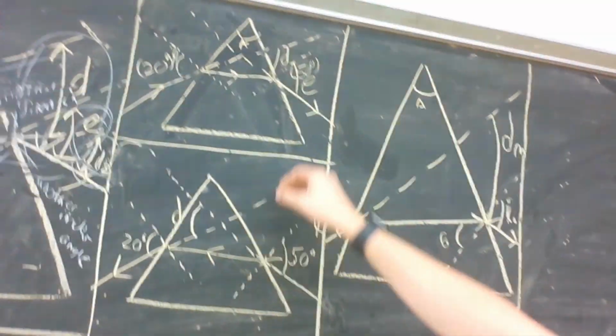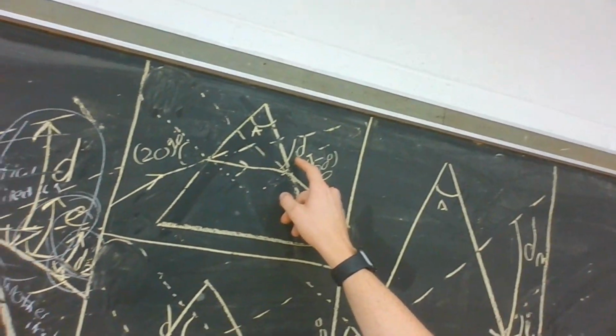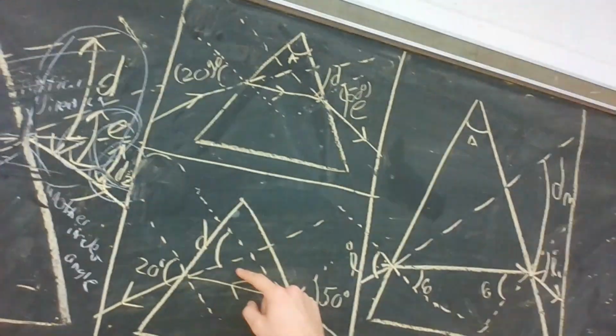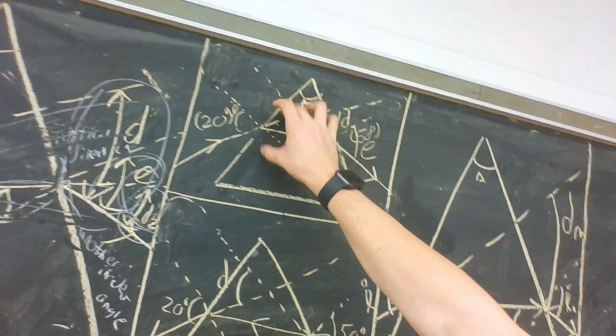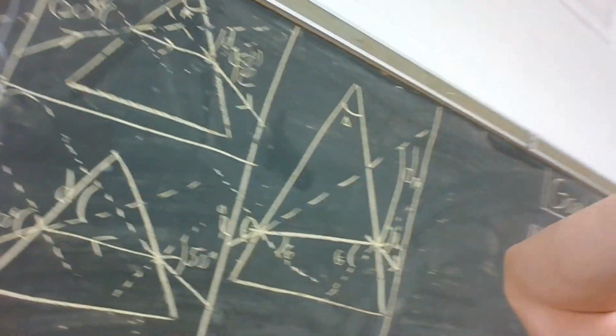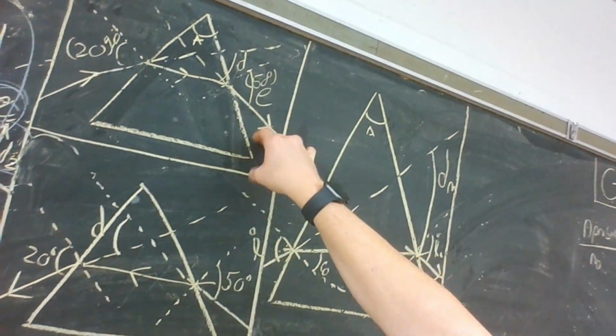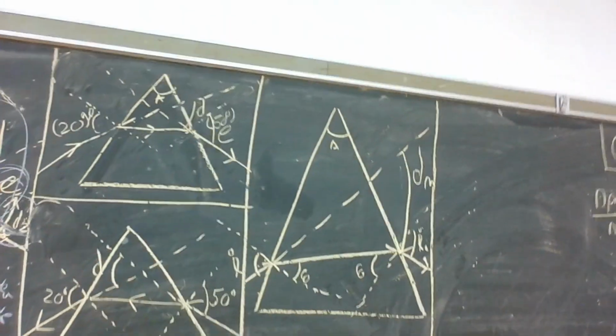As you see, this angle right here and this angle right here are just two separate sides of the same angle.